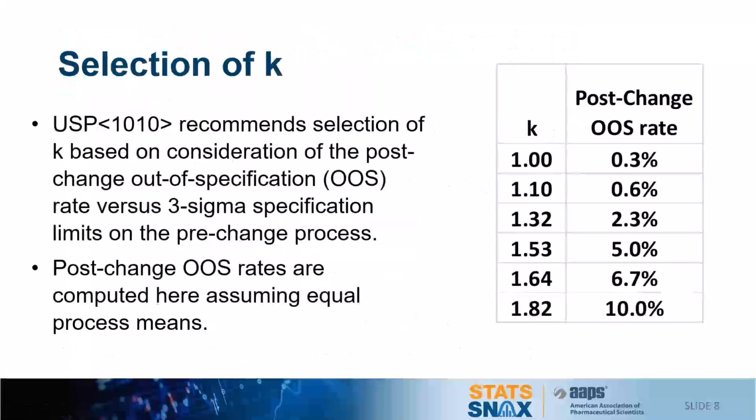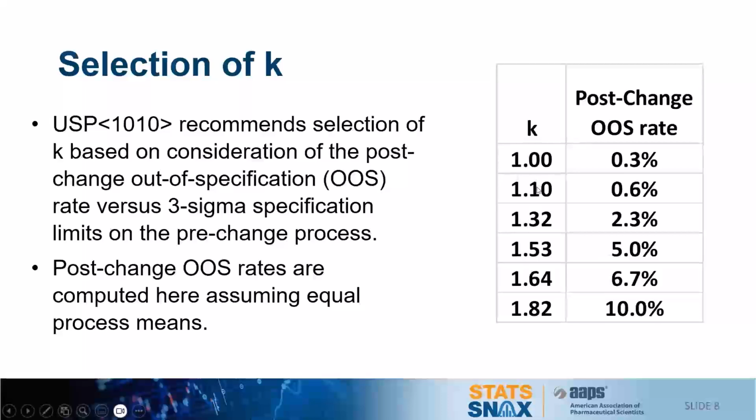Selection of K is always the question that people have. What should I pick for K? Well, as I said, you can select a value greater than 1, but you don't want it too much greater than 1. Now, what USP 1010 recommends is you pick K based on the consideration of the process capability of the two processes you're comparing, the pre-change and the post-change.